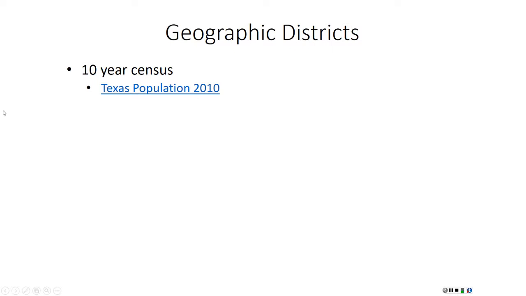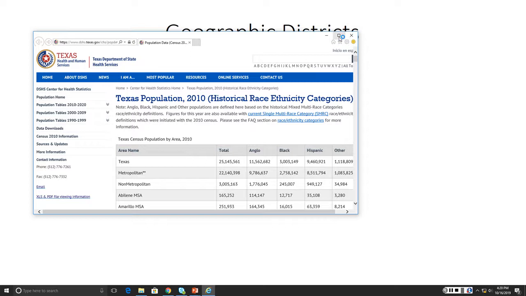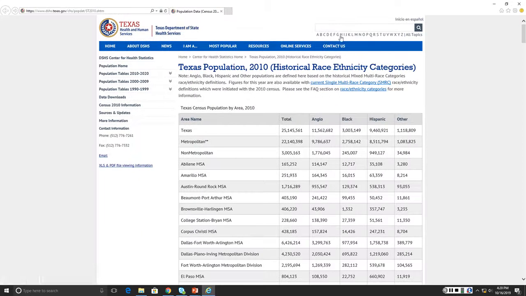Based on this census information, we know how many districts need to have how many people. Texas, as of 2010, had 25 million people that needed to be divided.